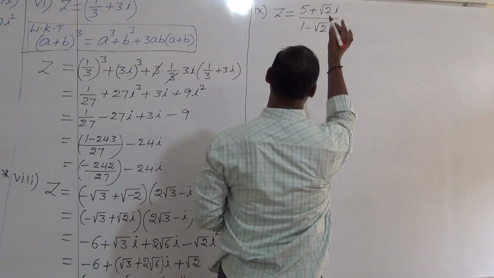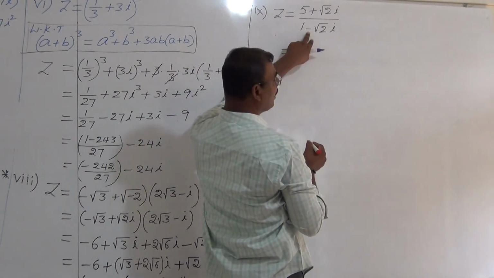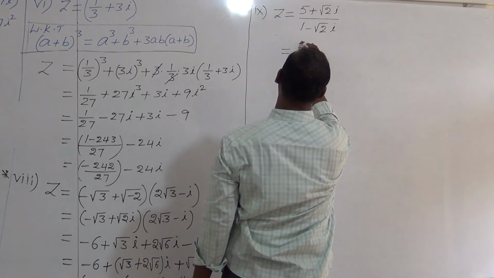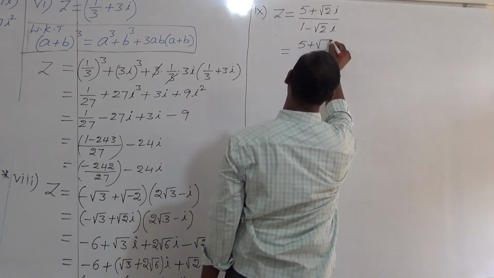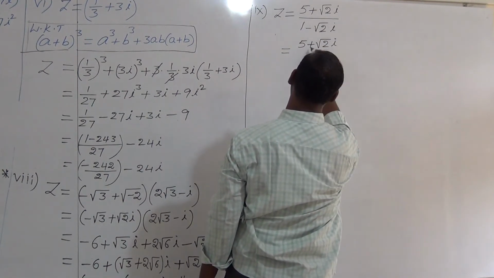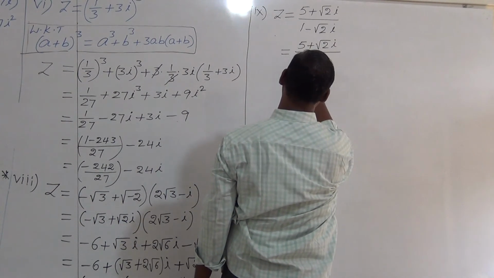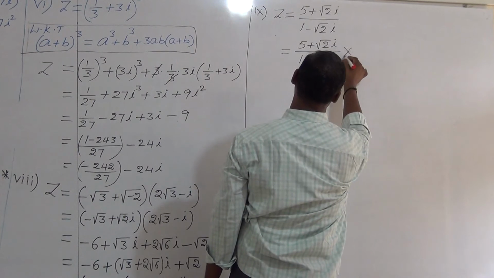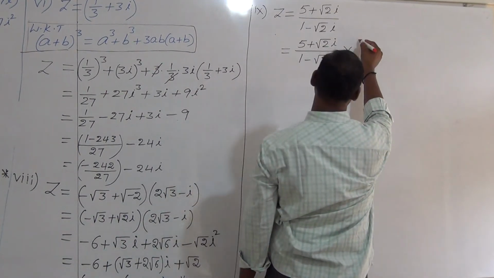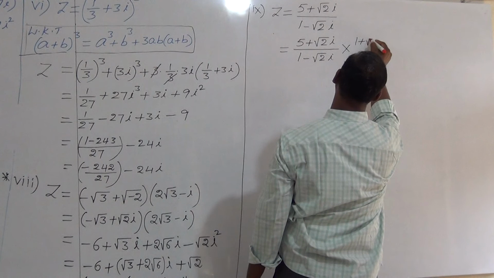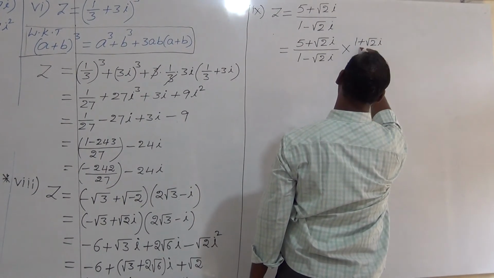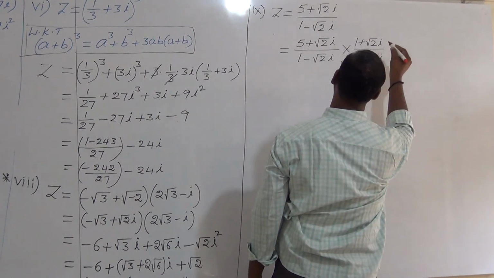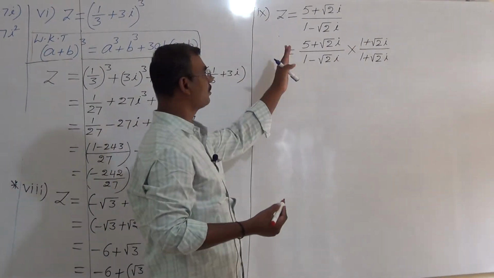What is the multiplying and dividing value? Here minus, there plus. So which value to multiply? 5 plus square root of 2 into iota divided by 1 minus root 2 iota, multiplying and dividing with 1 plus root 2 iota divided by 1 plus root 2 iota. So this is the procedure.